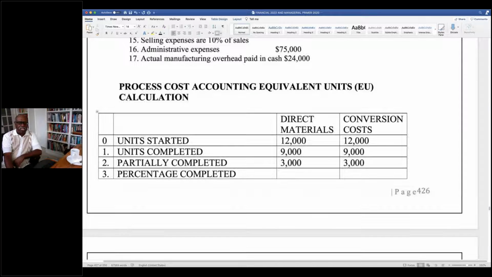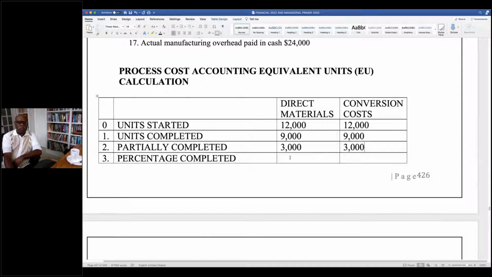What was the percentage of completion on the direct materials? 2/3. What's the percent completed on the conversion costs? 1/3. What are conversion costs?